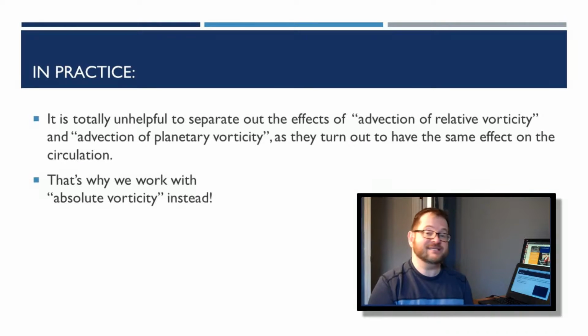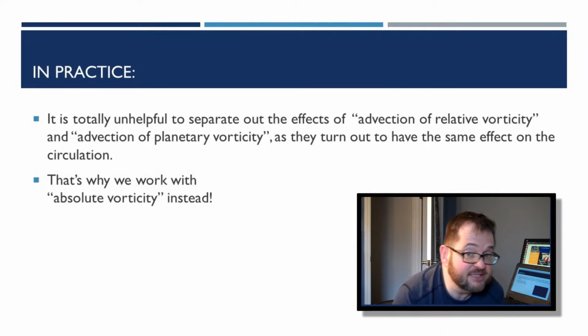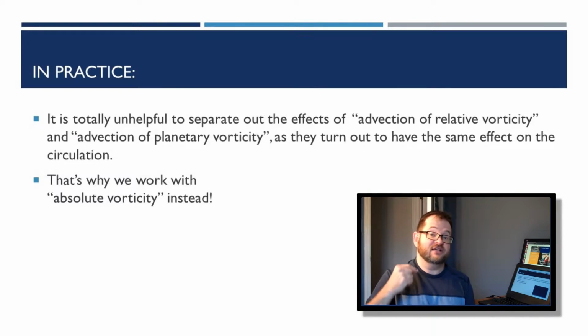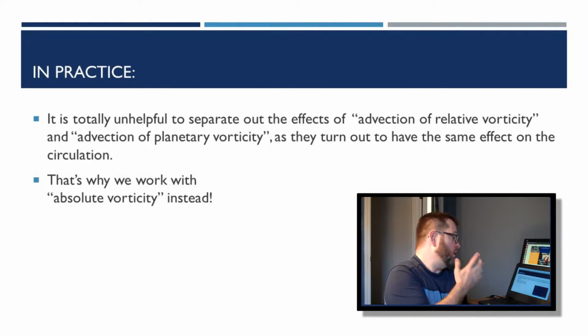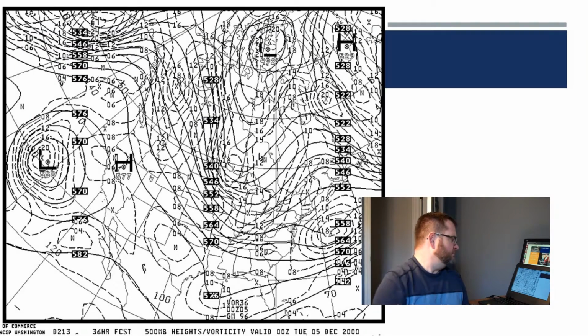They both have exactly the same effect on the circulation. So we tend to just work with absolute vorticity instead, that combines planetary vorticity and relative vorticity. So these dashed contours on here are contours of absolute vorticity.